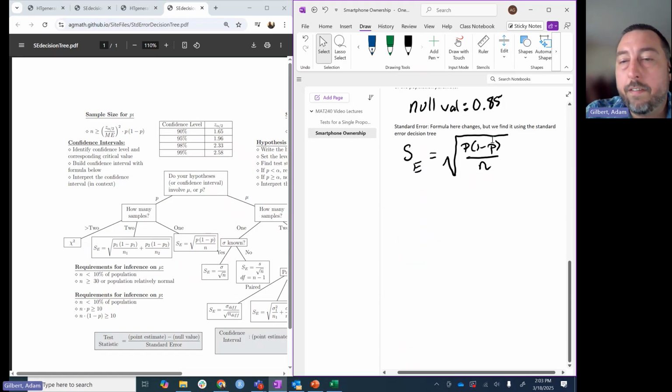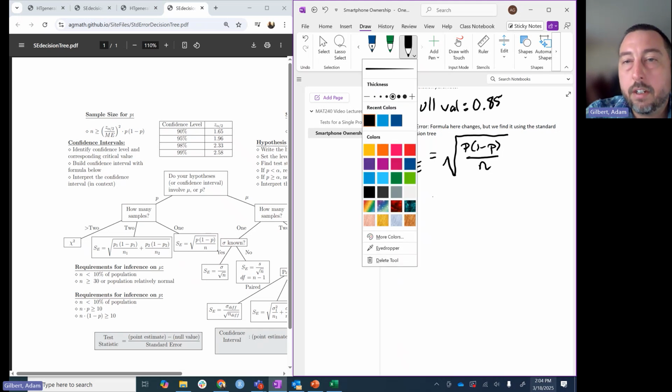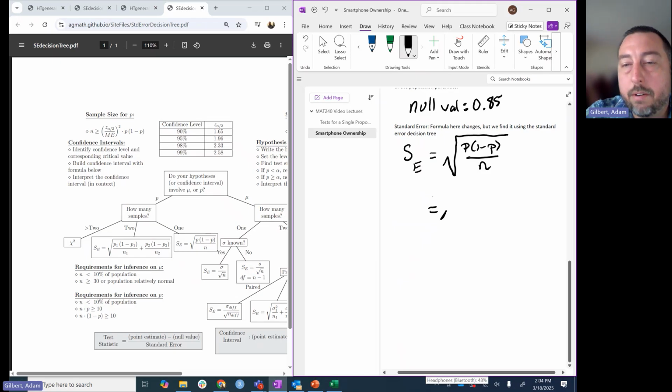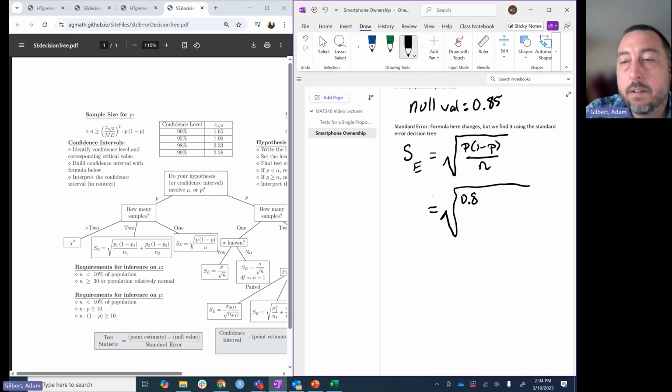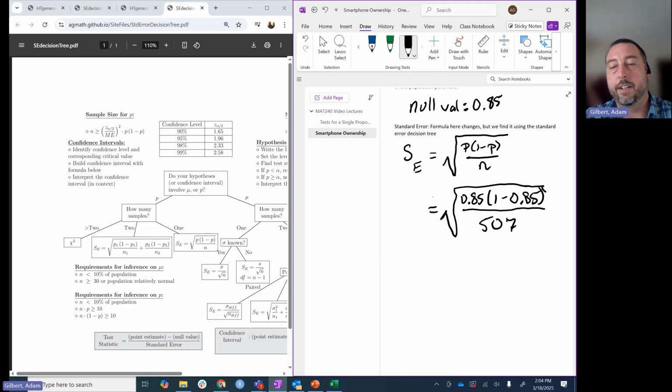And so here, this will be equal to the square root of 85%, so 0.85 times 1 minus 0.85, all divided by our sample size. And our sample size here was 507 individuals. We'll head on over to Excel to calculate that.